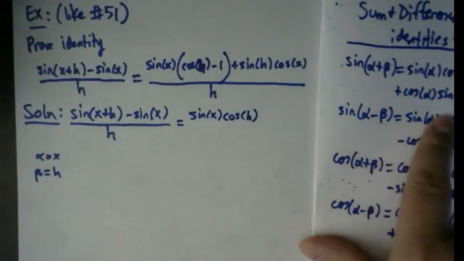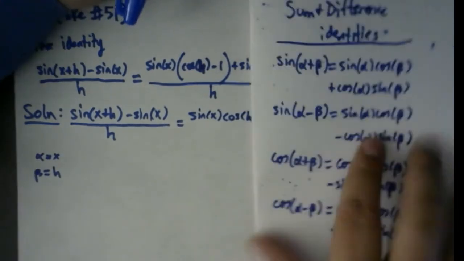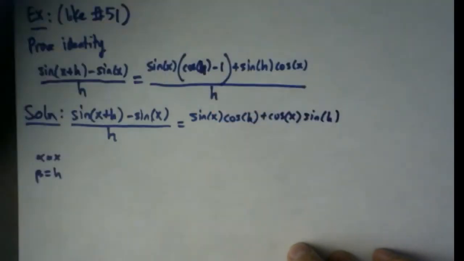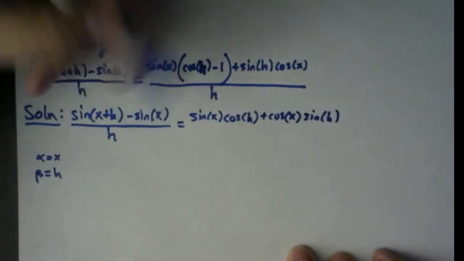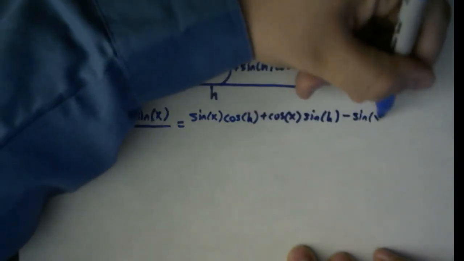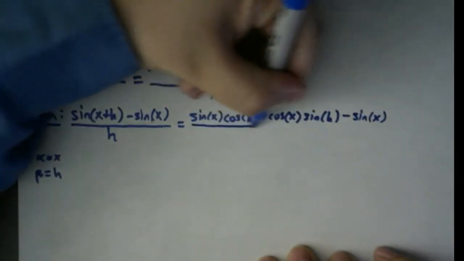So sine of x cosine of h plus cosine alpha sine beta. So that'll be plus cosine of alpha, which is x, sine of beta, which is sine of h. Then this minus sine x term comes along for the ride. And then all of this is over h.